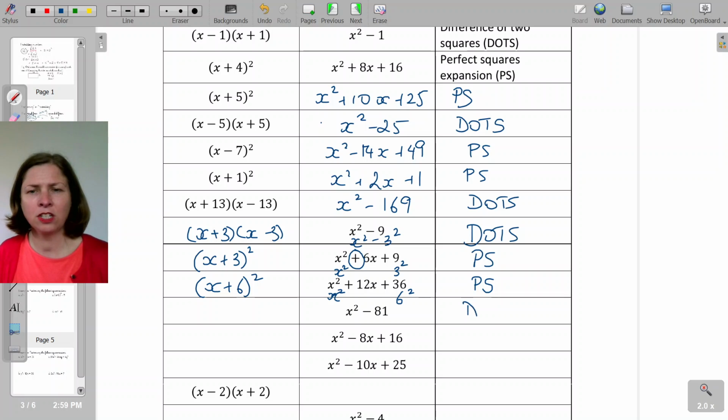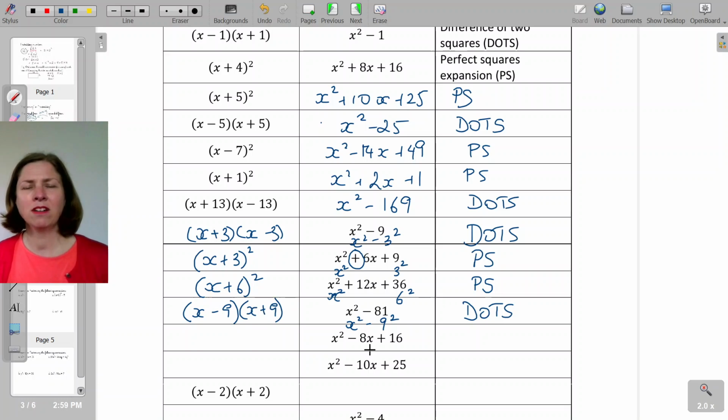This is definitely a DOTS, difference of 2 squares, and it's x squared minus 9 squared. So my 2 brackets are x minus 9 times x plus 9. And if you had it the other way around, x plus 9 times x minus 9, perfectly correct, it's the same, in the same way as 5 times 4 gives me the same answer as 4 times 5. I can swap these brackets around.